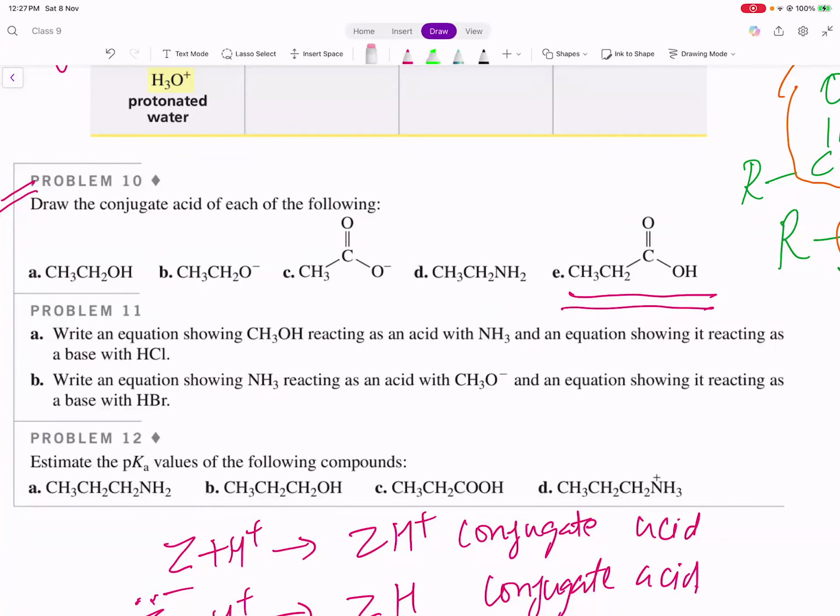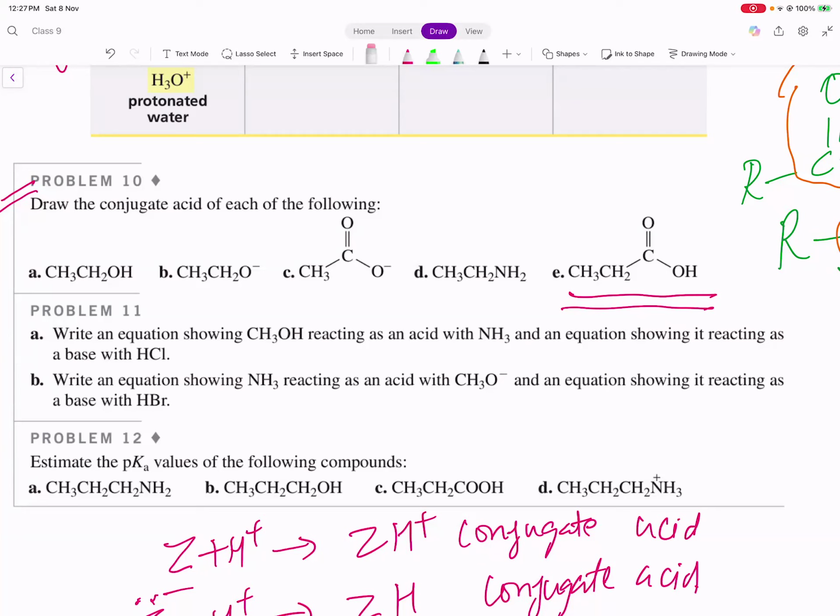This is also correct. CH3 and CH3OH with HCl: it is acting as a base. Very good. This is also correct. Next is this, also correct. Okay, pKa 40.